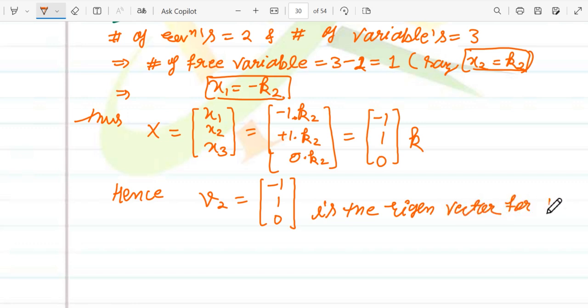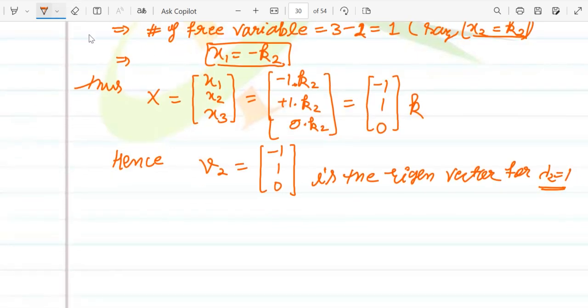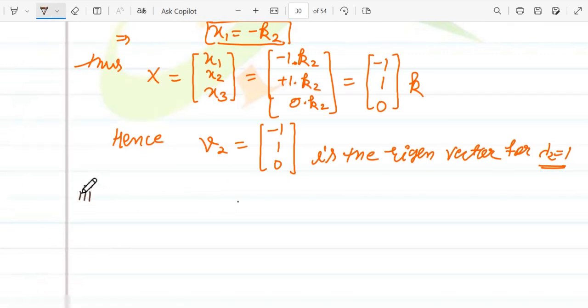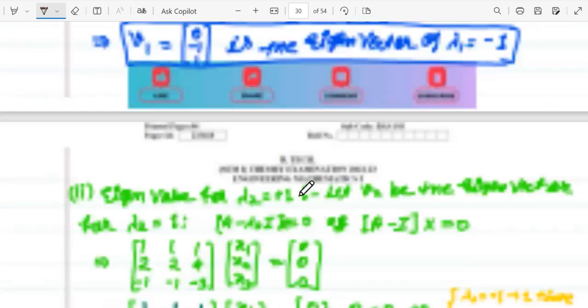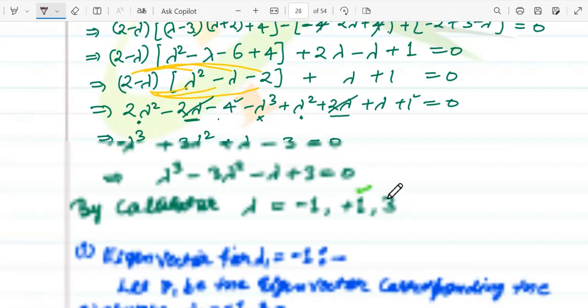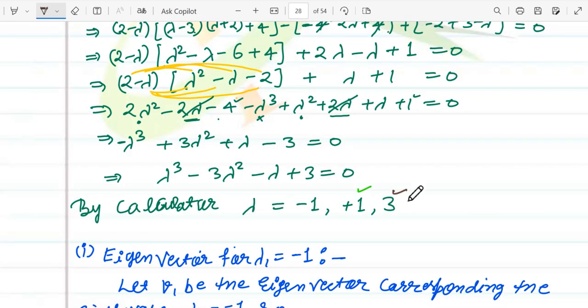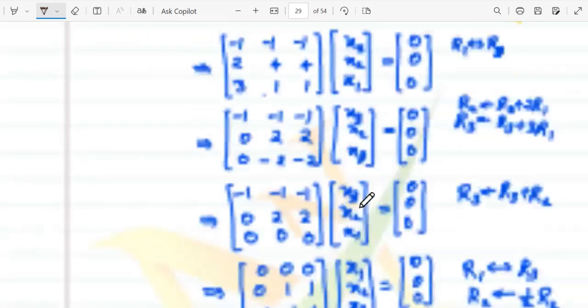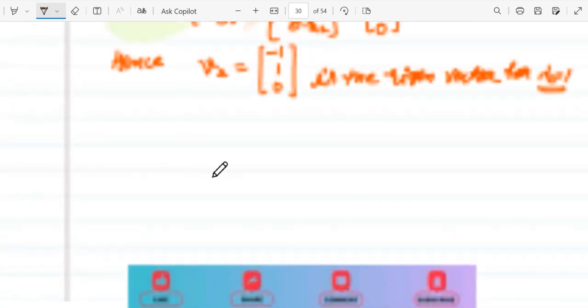for the eigenvalue lambda is equal to plus 1. Now finally, lastly, number third, eigenvalue lambda 3 is equal to 3.